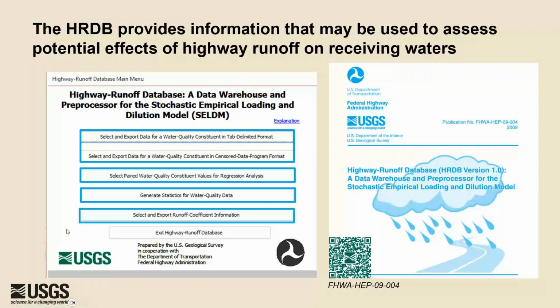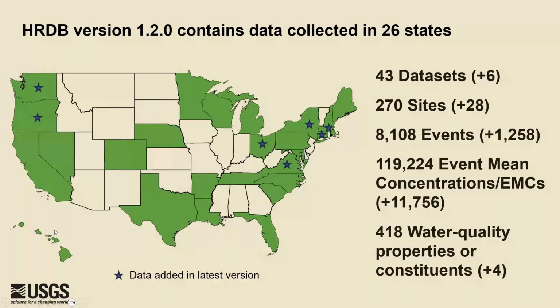So in this latest version of the Highway-Runoff Database published last year, we have data collected from 26 different states, which are indicated in green in the map here. And then states that had new data added in the latest version are indicated by a star. This new version includes 43 data sets, 270 sites, over 8,000 runoff generating events, over 119,000 event mean concentrations, or EMCs.